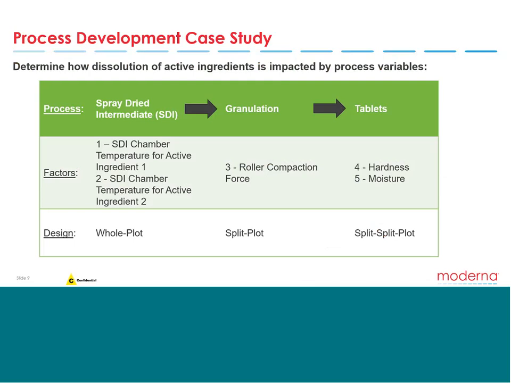This is actually something I worked on at Merck many years ago when I was in small molecules, and we were making tablets with 2 actives. Just to describe this process, we start with making what's called a spray-dried intermediate. The spray-dried intermediate is basically created by taking your active ingredients along with the excipients and dissolving them in some sort of solvent and then putting them in a drying chamber.